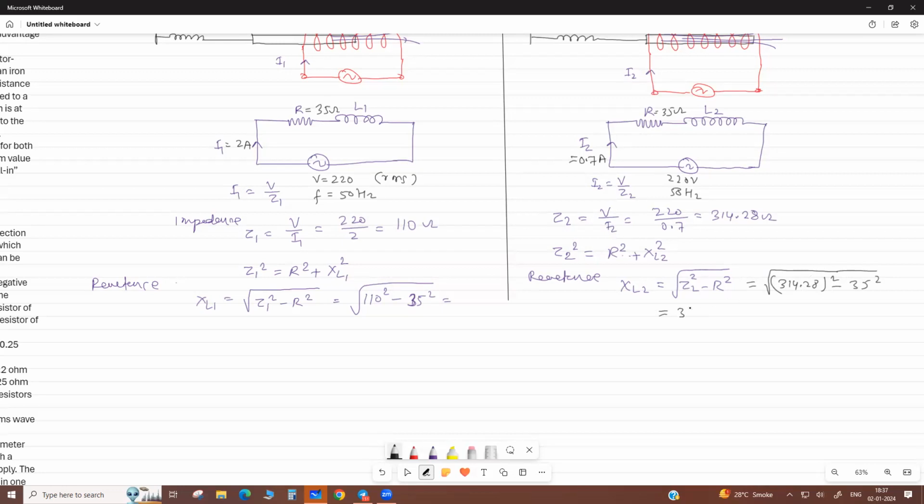It is 312.33 ohm. And this is the square root of 110 square minus 35 square, the answer is 104.28 ohm.